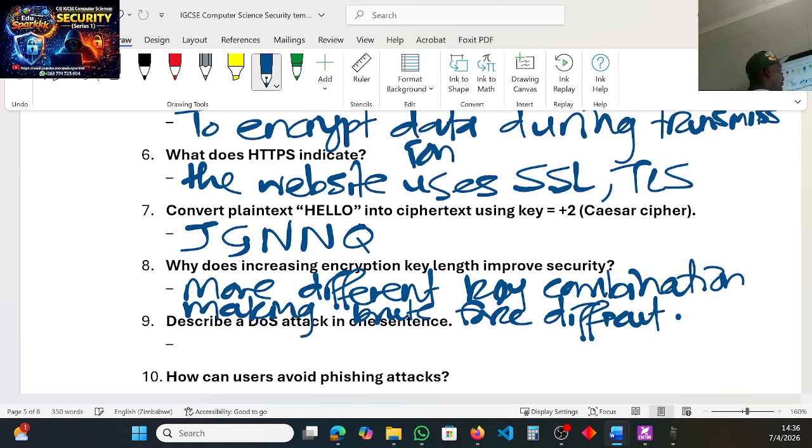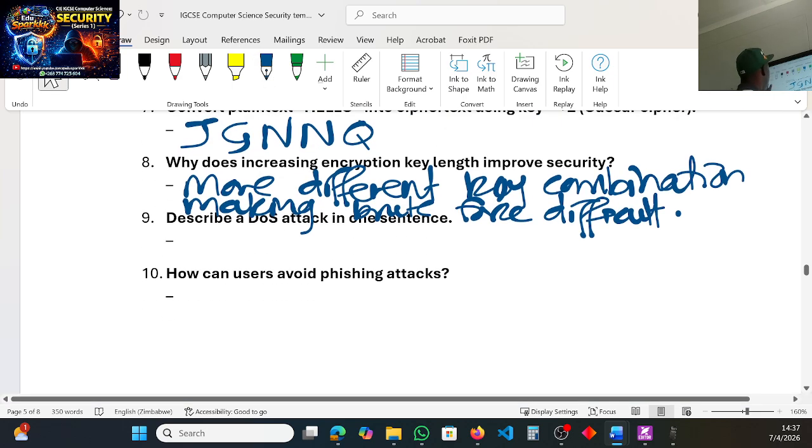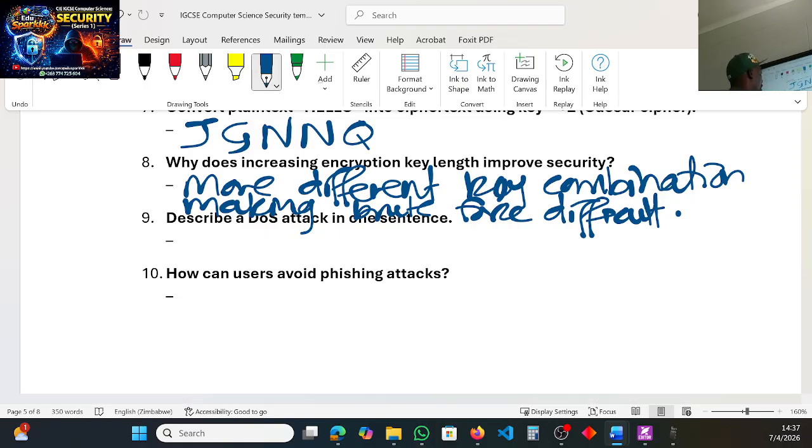So you increase your key length, then it means one without the correct key has to try various combinations in order to come up with the correct one.